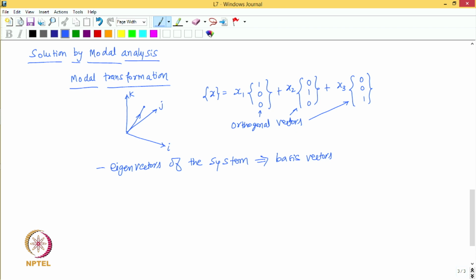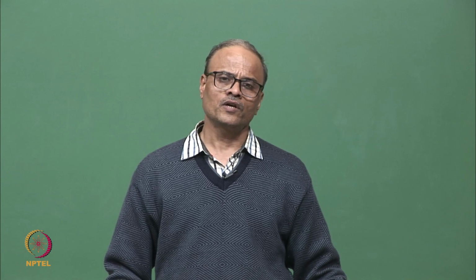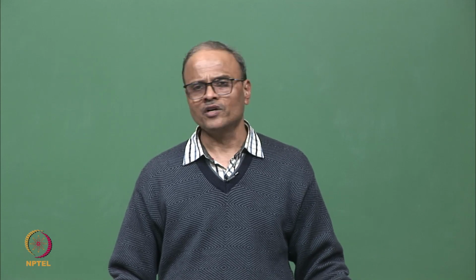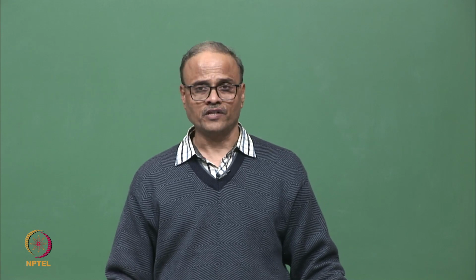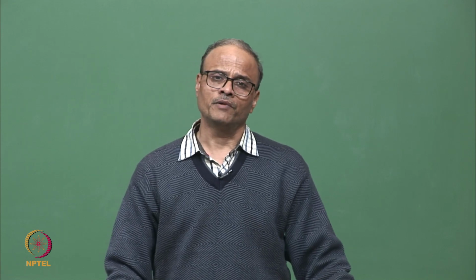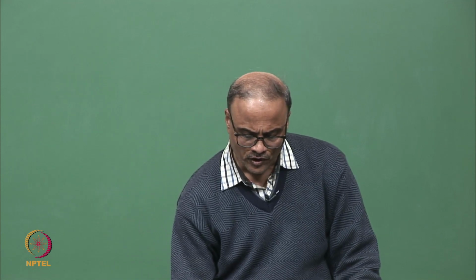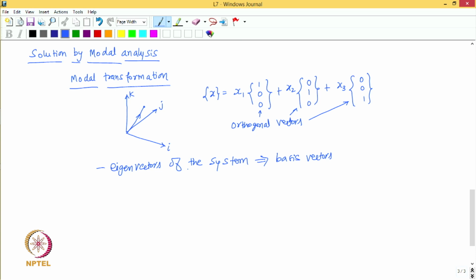Because the eigenvectors are linearly independent, they qualify as an acceptable choice of basis vectors, because basis vectors are supposed to be linearly independent vectors spanning that space. Therefore, we use the eigenvectors as the basis vectors in modal transformation, and the displacement vector x is obtained as a linear combination of these vectors.